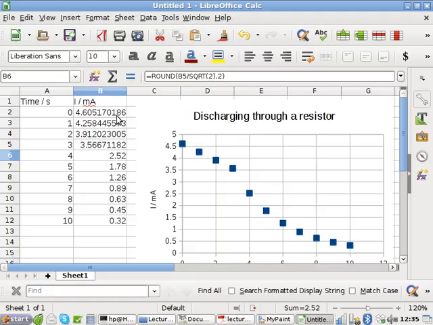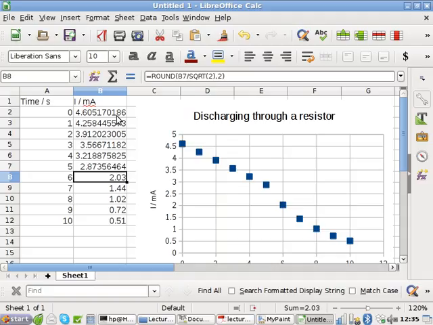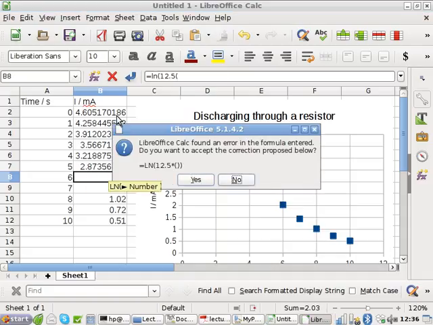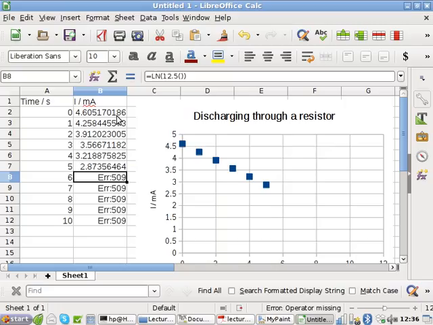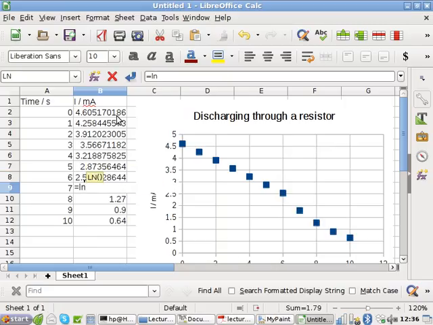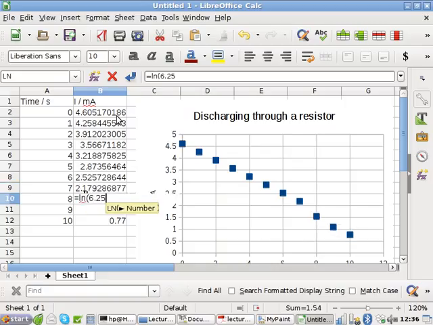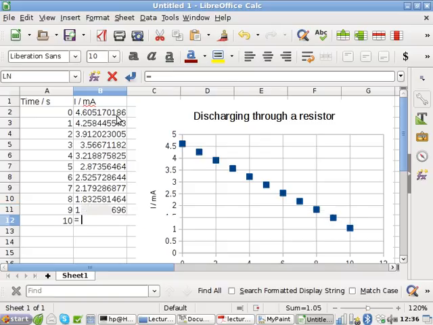Next, 25. 17.7. 12.5. Next, log of 8.84. 6.25. 4.42. And then 3.13.